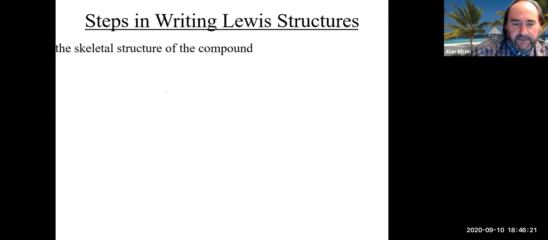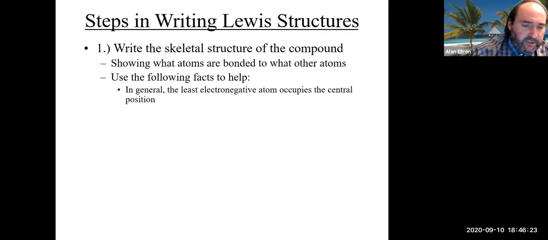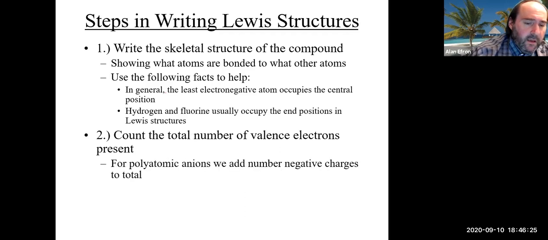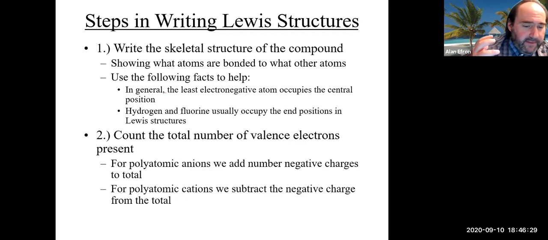So let's talk about the steps along the way that you should do. The first thing is you should think about logically how the structure is arranged. There are some things that could help you decide, for example, what should go in the center and what should go on the outside. That's sometimes referred to as the skeletal structure.